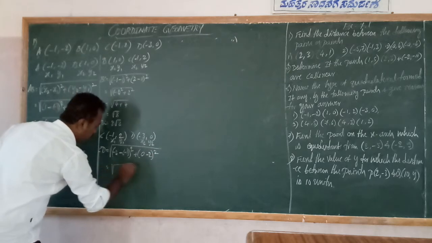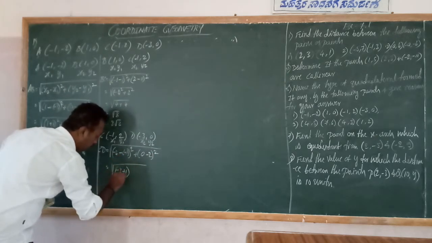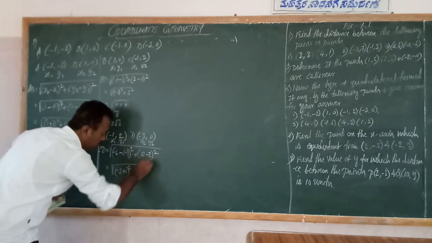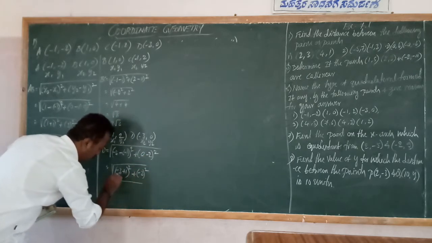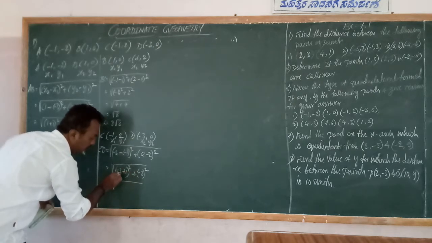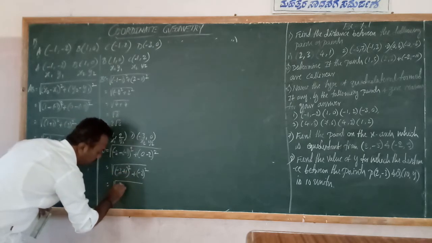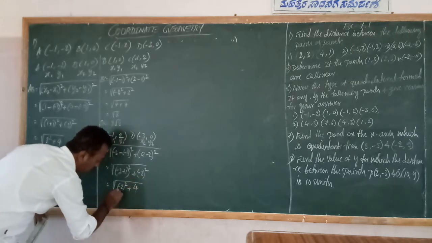So square root of (-3 plus 1) whole square plus (0 minus 2) whole square. -3 plus 1 becomes -2, whole square, and -2 whole square is 4. So 4 plus 4 becomes root 8.